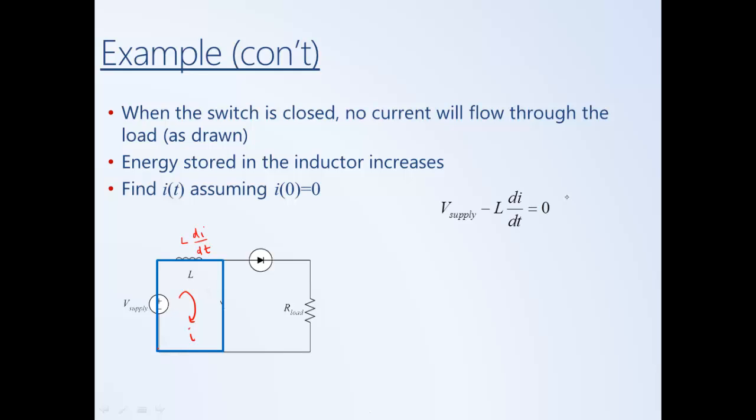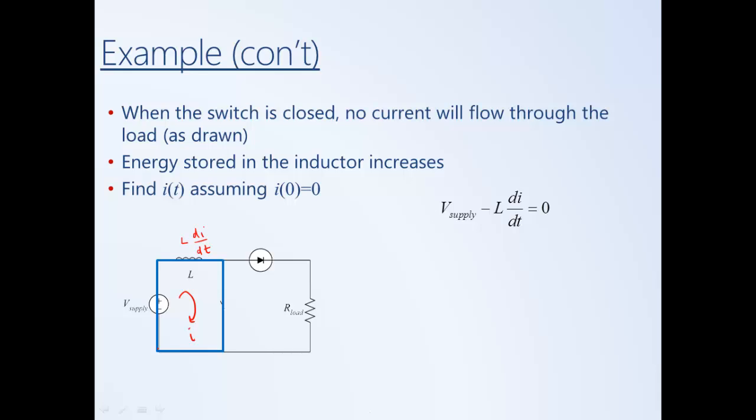So this is the governing equation, a very simple equation. I had a bump in voltage across the supply, then I drop across the inductor, and then I'm back to where I started. In order to find I of t, I just want to solve this differential equation.